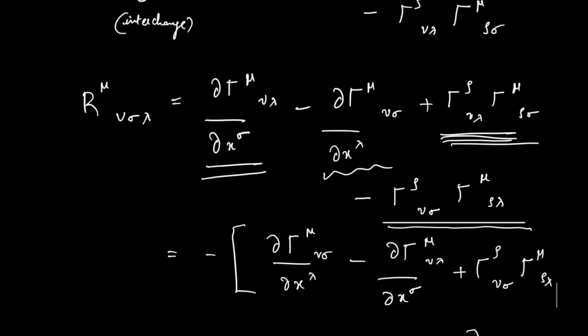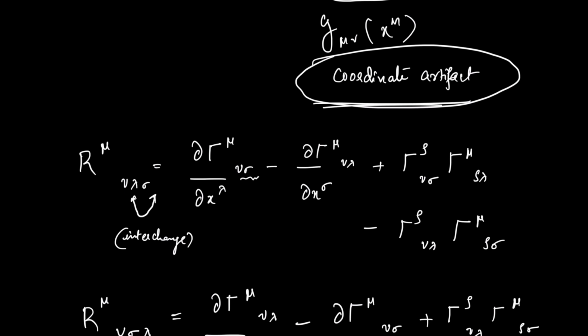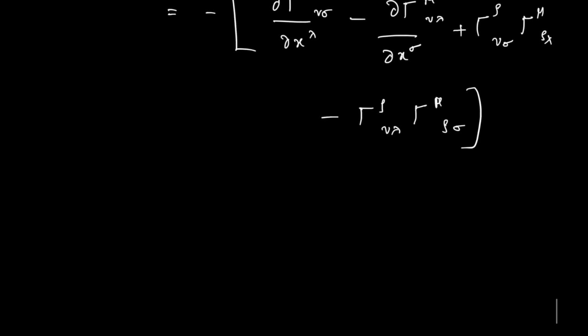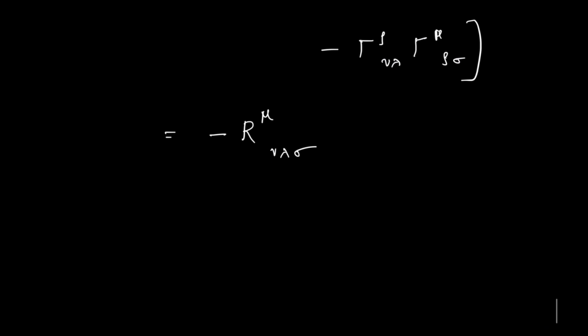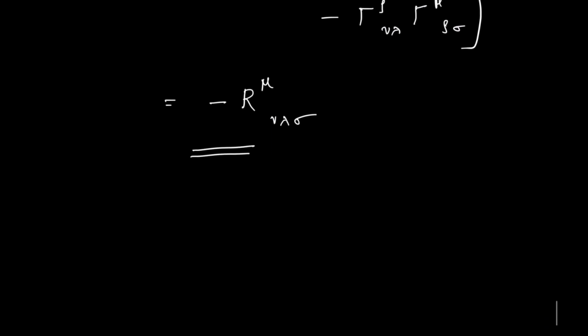But if you compare this bracket with our original Riemann tensor, then you get this is equal to minus R mu nu lambda sigma, which means R mu nu sigma lambda is equal to negative of R mu nu lambda sigma.